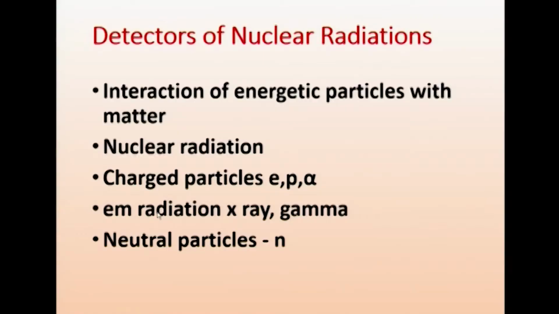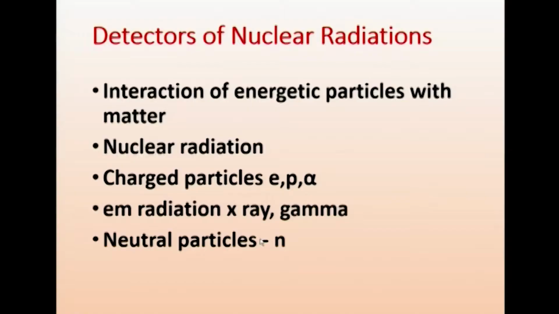So, we require one type of detector for this purpose. We have electromagnetic radiation also, like X-ray and gamma ray. X-ray will have energy in keV, gamma ray in MeV. They are not charged, but they have high energy. So, we should have a different type of detector for that.